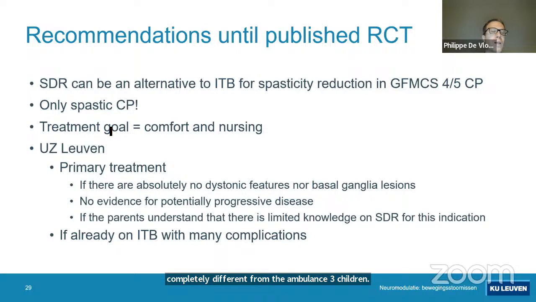In UZ Leuven, we offer it as a primary treatment if there are absolutely no dystonic features nor basal ganglia lesions, and if there is no evidence for progressive disease, and if the patient understands that the knowledge on SDR for this indication is limited if you compare it to the knowledge about ITB. And we also offer it as a secondary choice in children who had ITB previously and who suffer many complications. That's all I wanted to say.